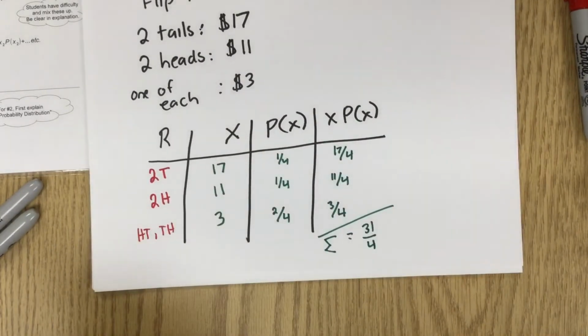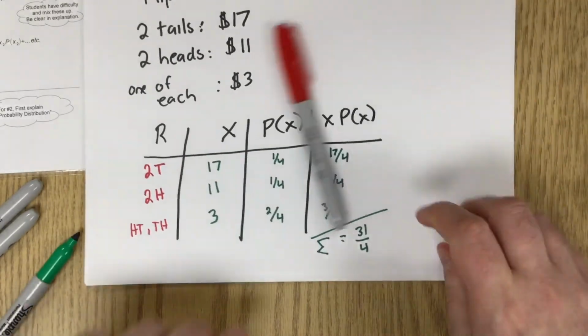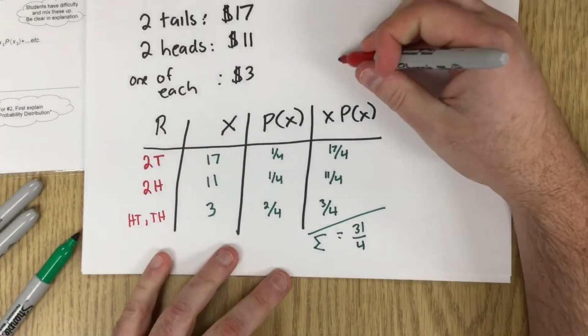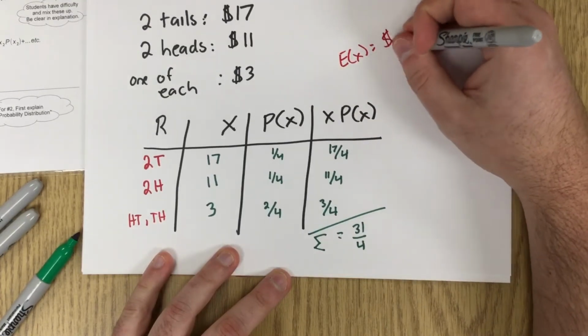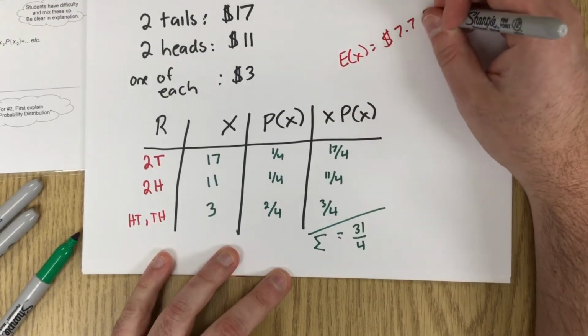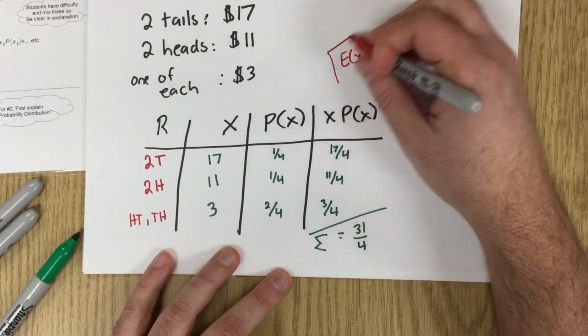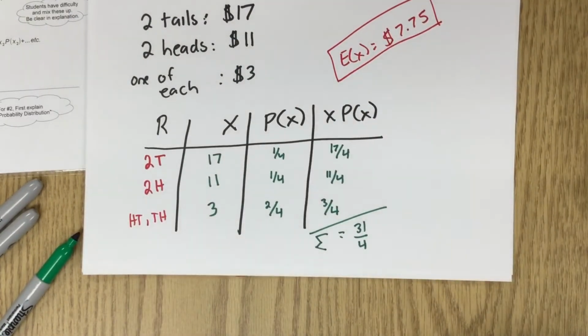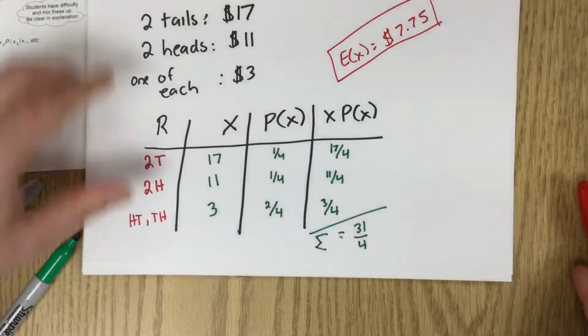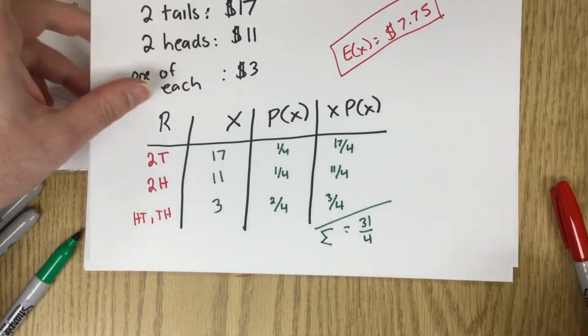So 31 divided by 4 is 7.75. So the expectation from this game is $7.75. So if we play this game, where X is the amount won, we expect to win $7.75.